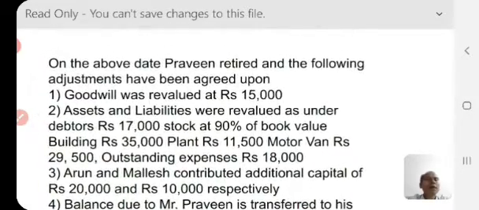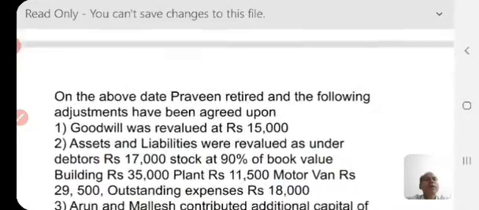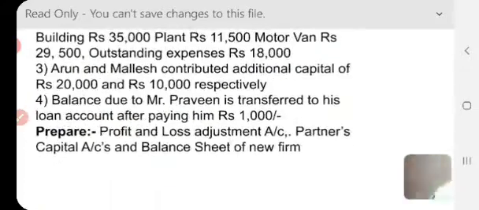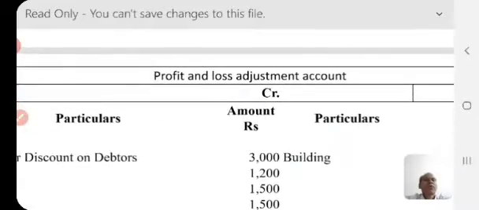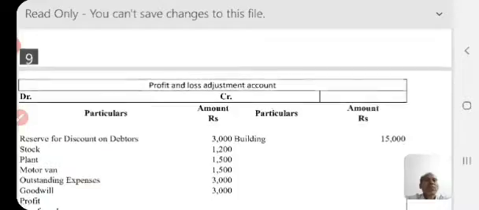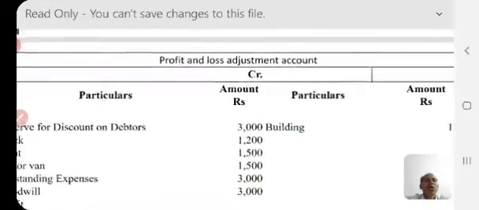The retiring partner is Praveen. Yes, now we shall prepare the profit and loss adjustment account.